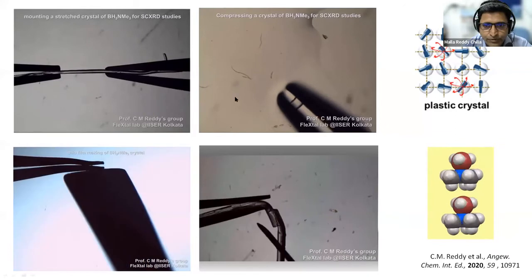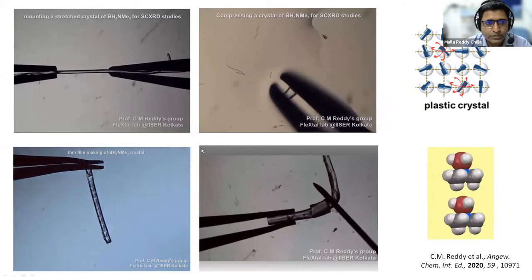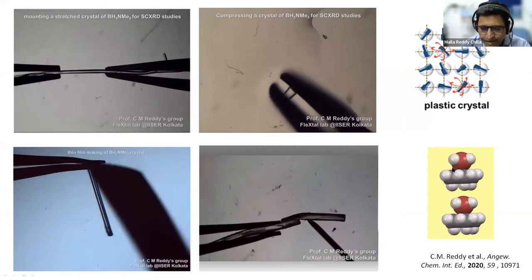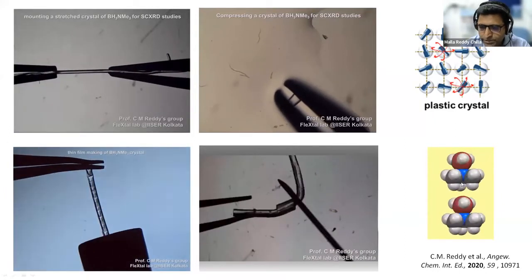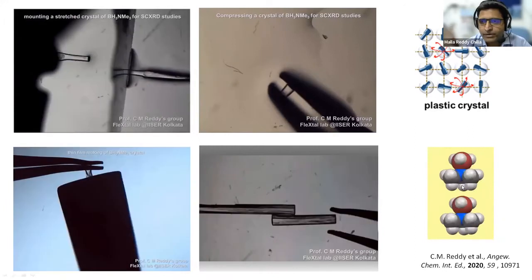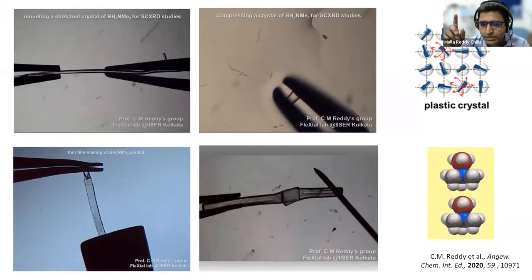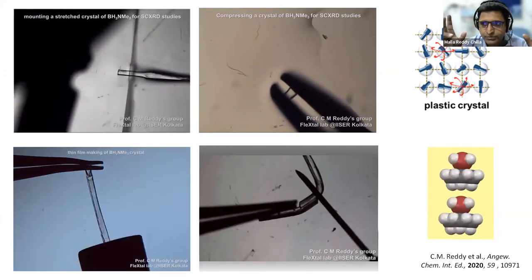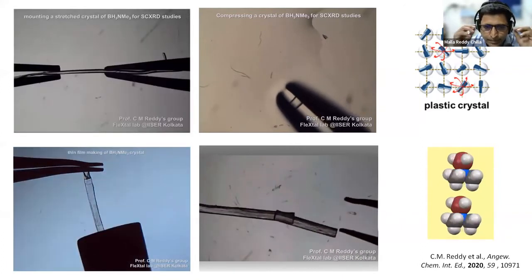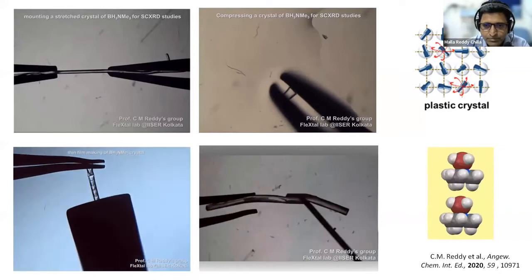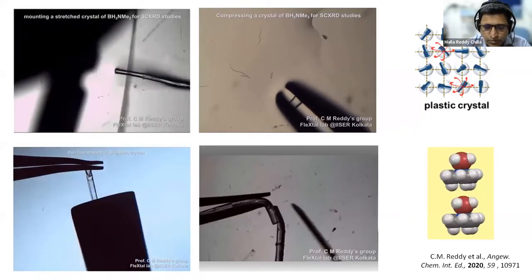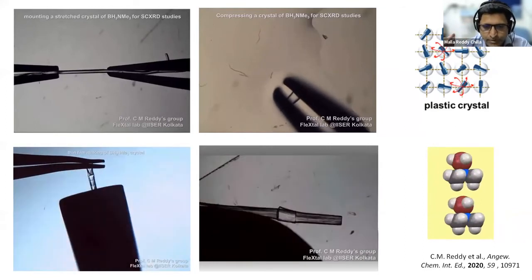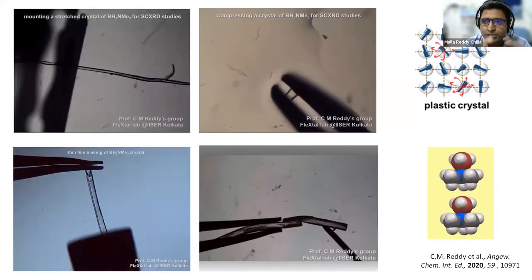As you can see here, this is a very simple aminoborane molecule, and when it crystallizes at room temperature, you have a phase with molecular rotations in the crystal. Traditionally these are called plastic crystals, where you have orientational disorder, because most of these crystals with orientational disorder in the solid state, when you go closer to the melting temperature, showed extreme plasticity.